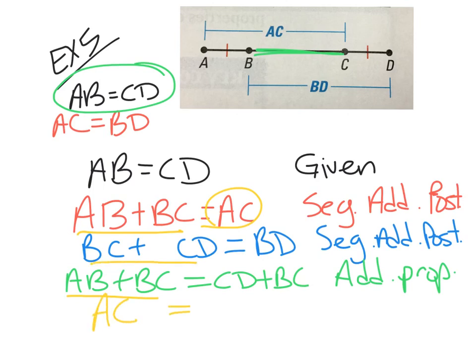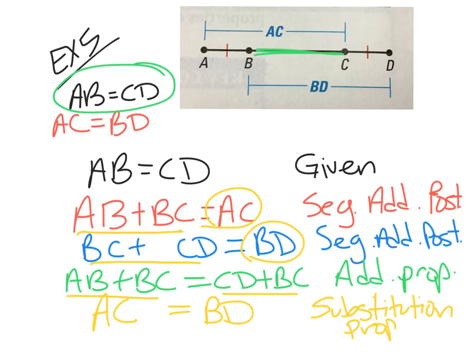And then this little phrase is the same as this one. So I can put this one instead. Right? And what did I do? I substituted. So substitution property of equality.